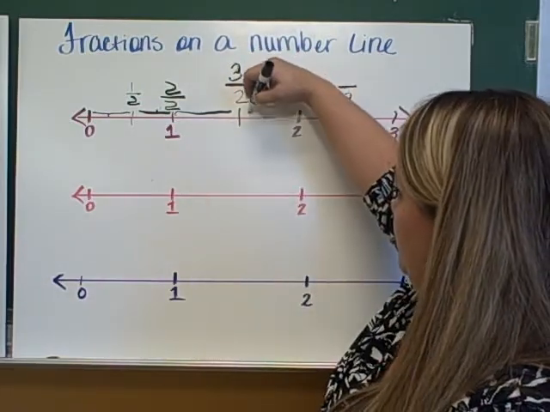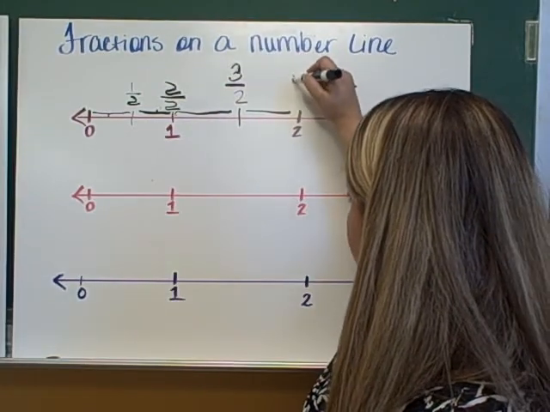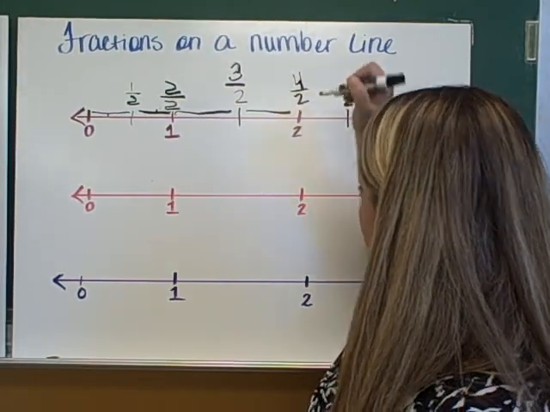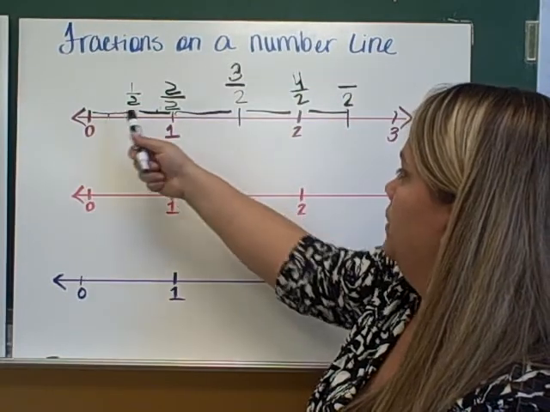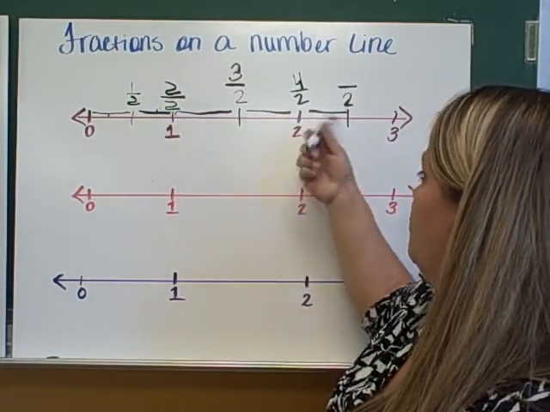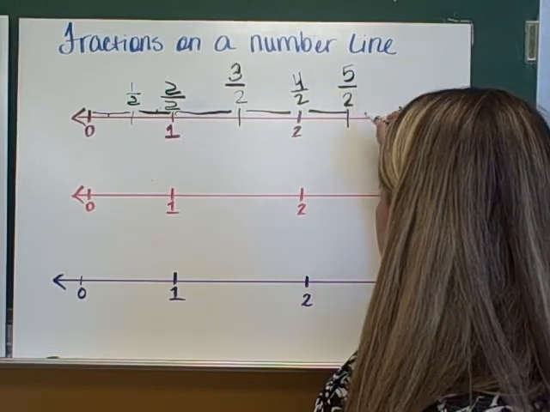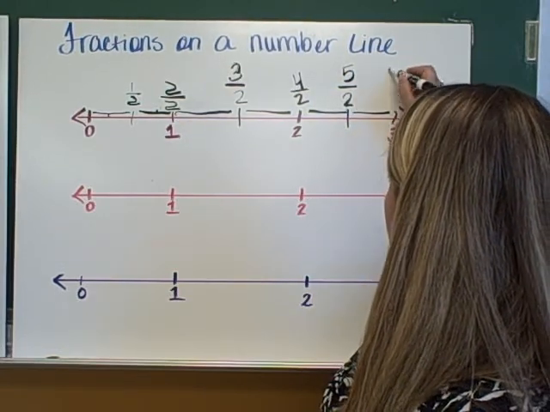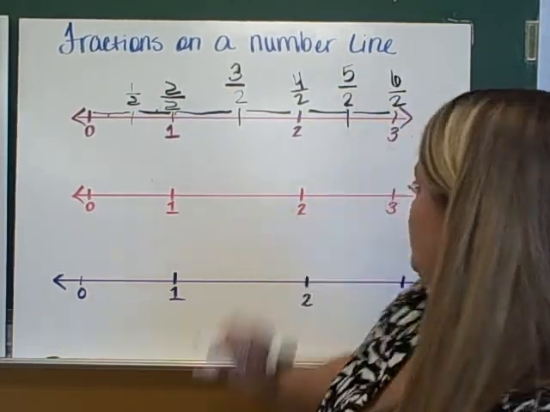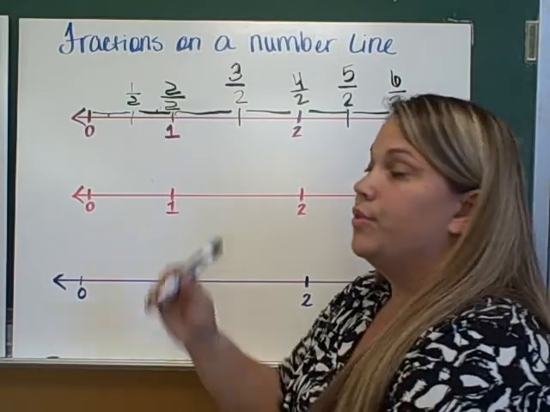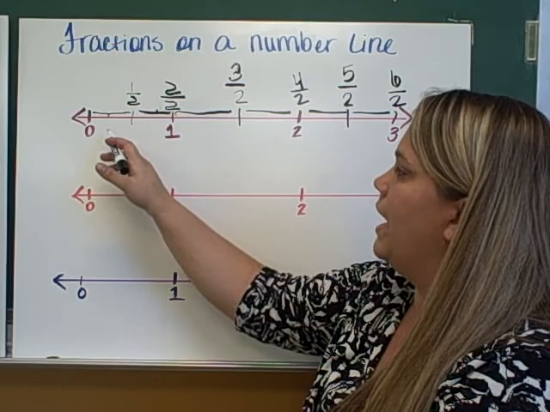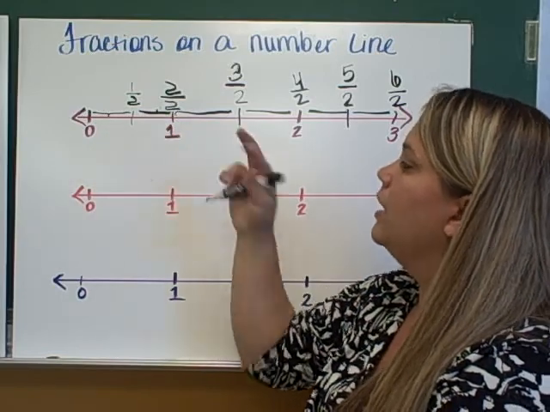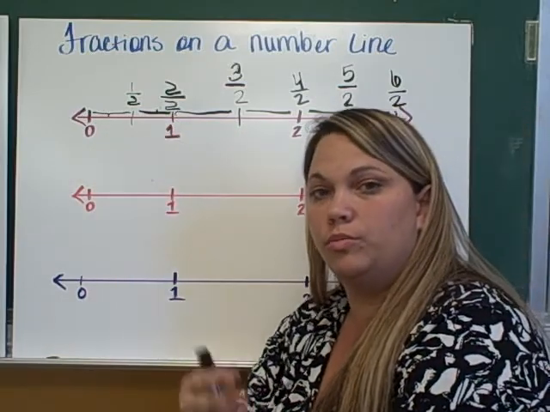If we go here, we are at 4 over 2. If we go here, we have now gone 1, 2, 3, 4, 5 places. And we go one more, we've gone 6 places. Now, the reason the bottom is not going to change as we go along is because we have only divided each number into 2 groups.